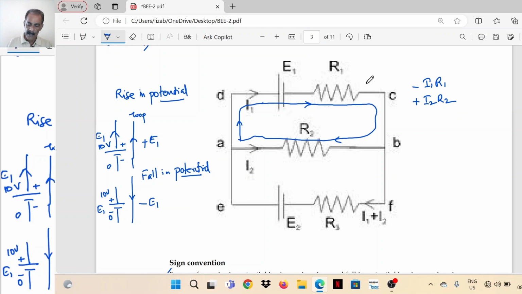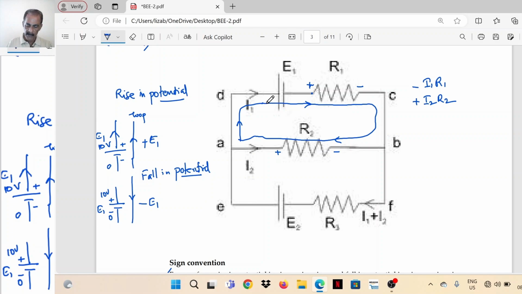Or you can say the IR drop I1R1 has got a polarity like this. This is the terminal at which current is entering. So the IR drop will have a positive polarity here and a negative polarity here. So in the direction of the loop, it is a fall in potential. That also you can take. So for I2R2, current entering terminal is positive, this is negative. So in the direction of the loop, it is a rise in potential. It is going from negative to positive. So it should be given a positive sign.